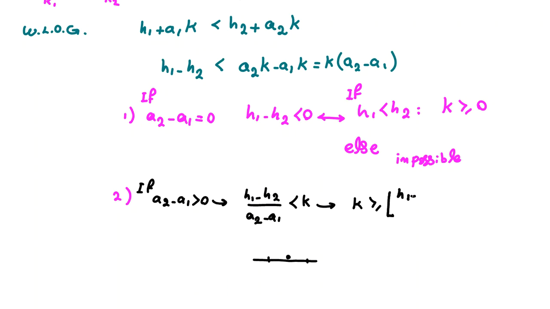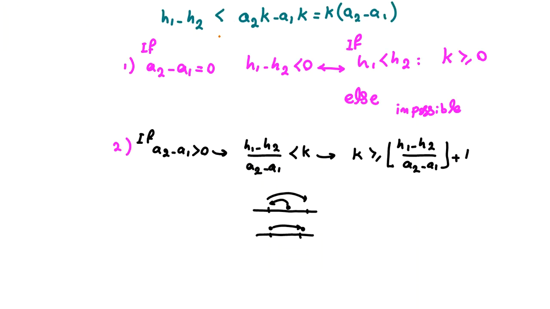So I can write floor of that plus 1 always. If you have two integers here, and it is between them, the floor of that will be here, then plus 1 will be here. It's okay. If we have an integer, this one is greater than this one, the floor of that will be this, plus 1 will be this, greater than or equal to this. Okay, so we found this. Now for the last condition, if A2 minus A1 is negative.